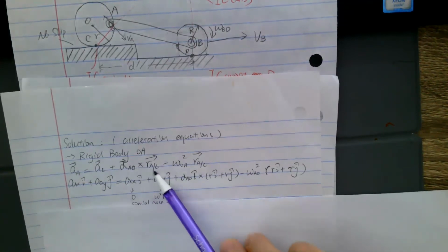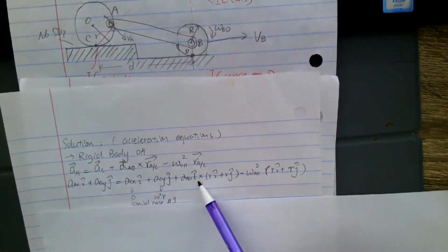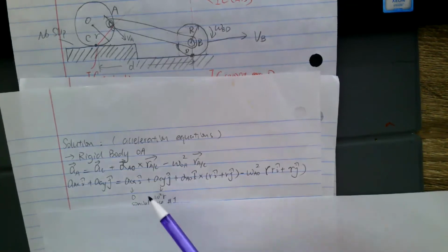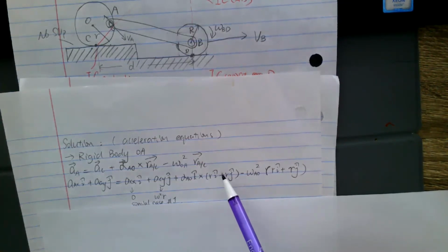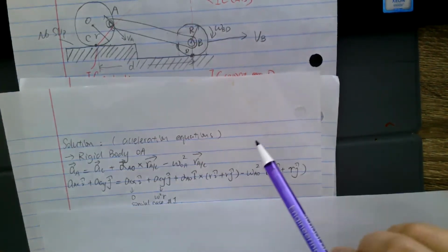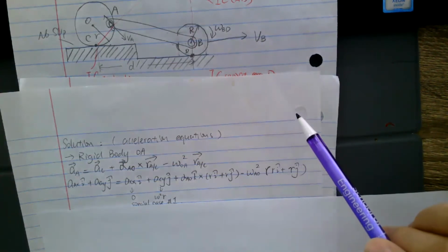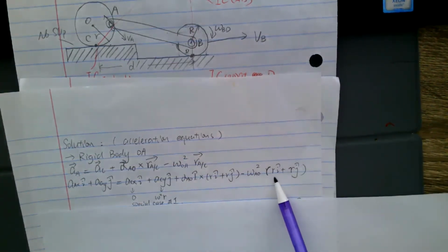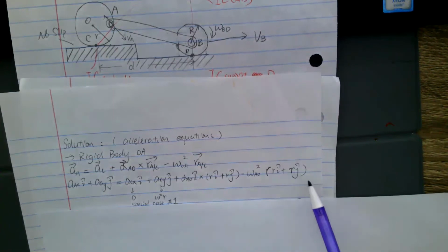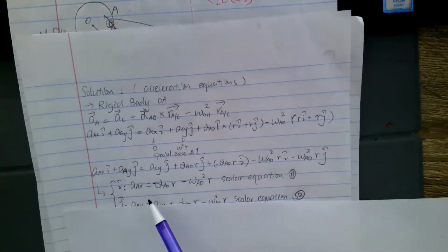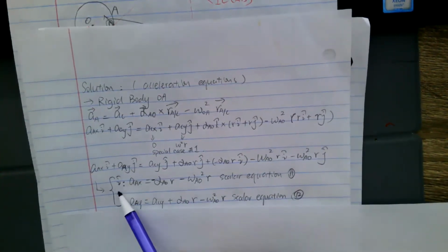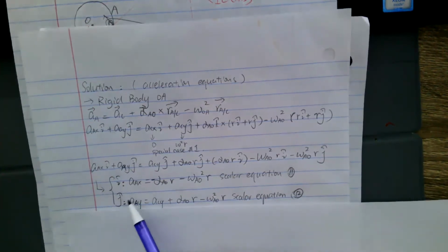And alpha AO, that's alpha_AO k, cross product with r_A/C. That's a vector starting from C, ending at point A. So it's Ri plus Rj, and minus omega_OA squared times (Ri plus Rj). Then from this acceleration equation, we get 2 more scalar equations, one in the i direction, another in the j direction.